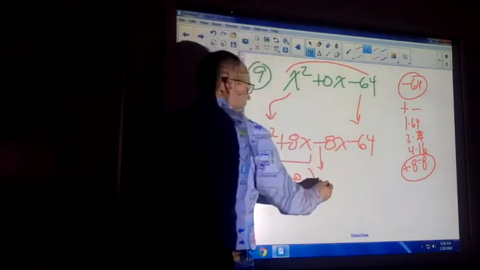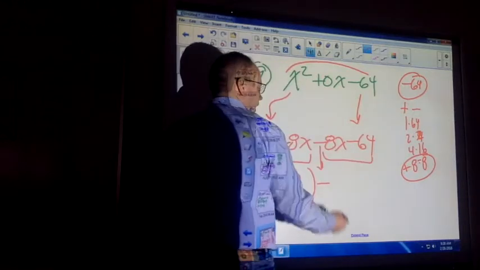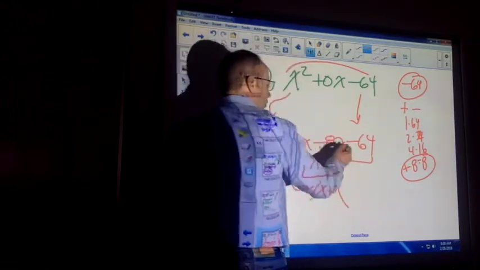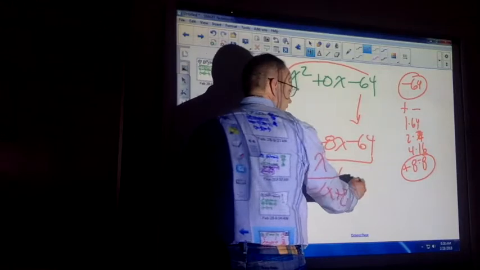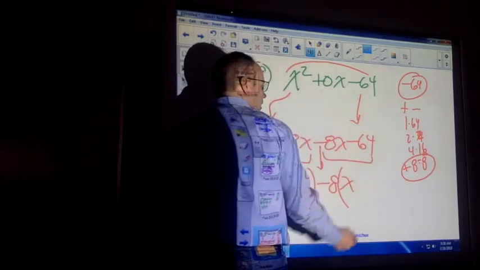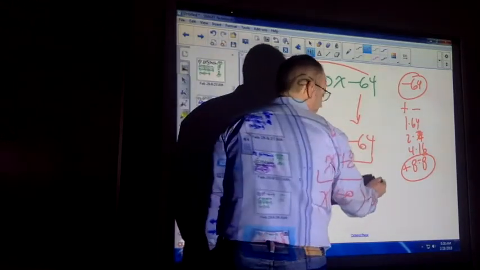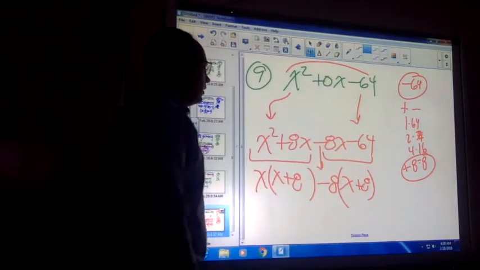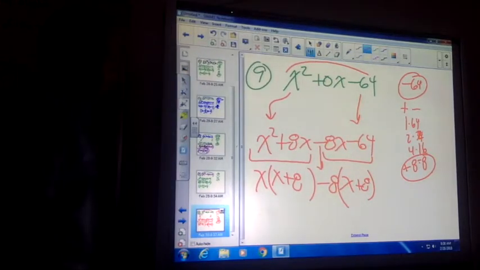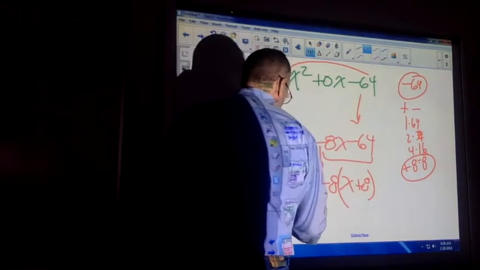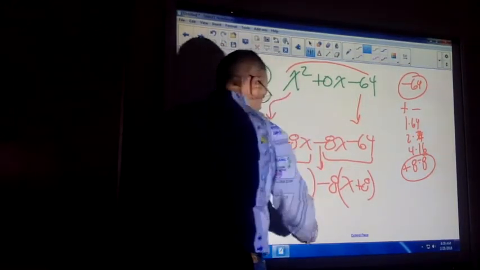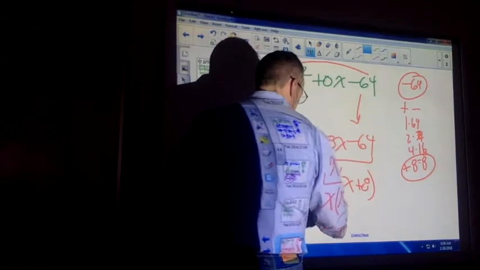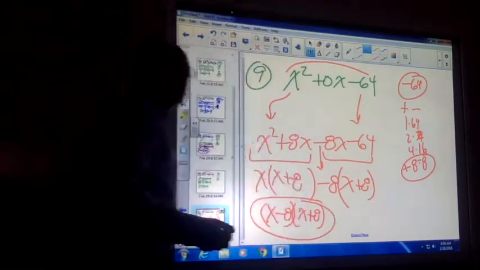That sign always comes down. What comes out of these? 8. And it's a negative 8 we're factoring out, so it changes the sign. So that becomes just a positive X, and that becomes positive 8, because you factored out the negative. So what's my answer? X minus 8 and X plus 8. There you go. That's it. Wow.